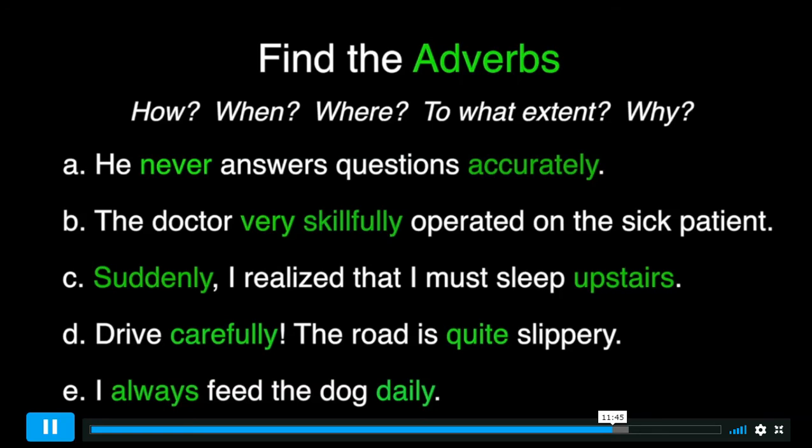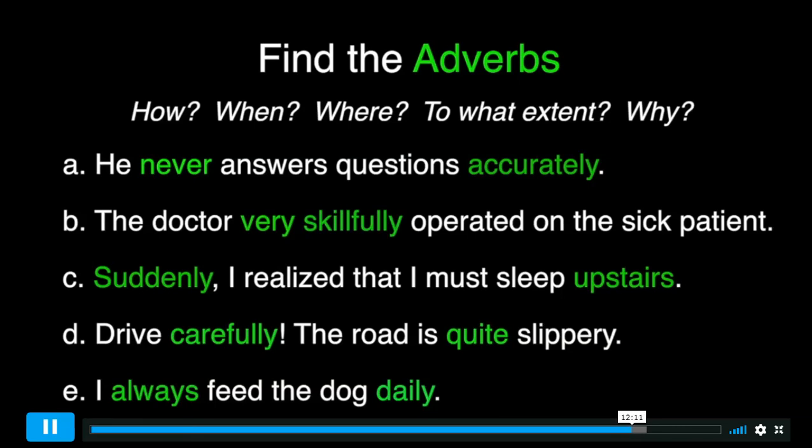In B, the adverbs are very and skillfully. Skillfully is telling us more about the verb operated, and very is telling us about the adverb skillfully. In C, the adverbs are suddenly and upstairs. Suddenly is telling us more about realized, and upstairs is telling us more about sleep.